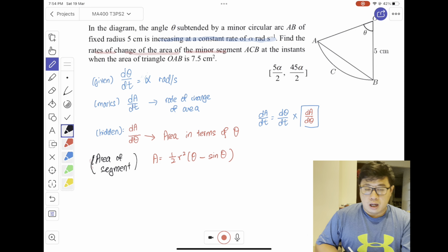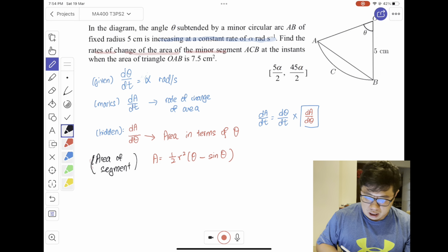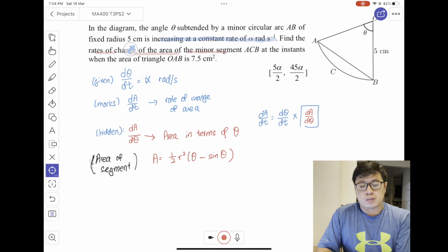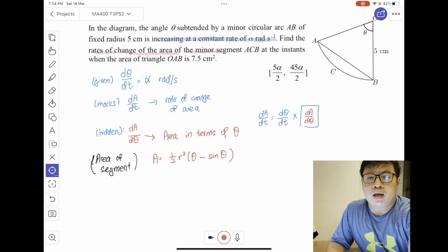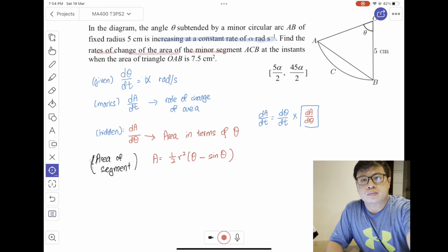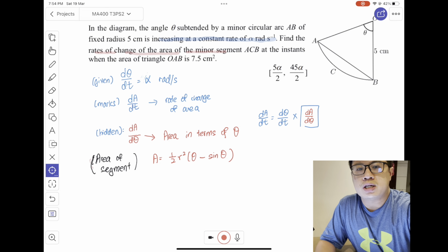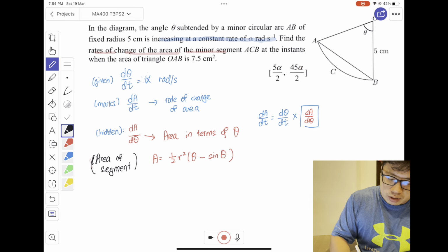Before we differentiate this, we do have to fill in whatever constants we can. One of the things given to us is that the radius is fixed, which is 5. So when the radius is fixed at 5, we can substitute in 5.